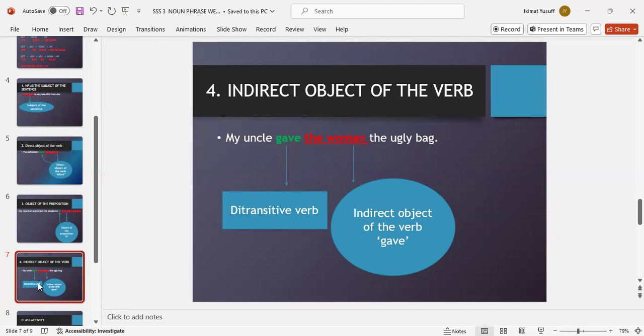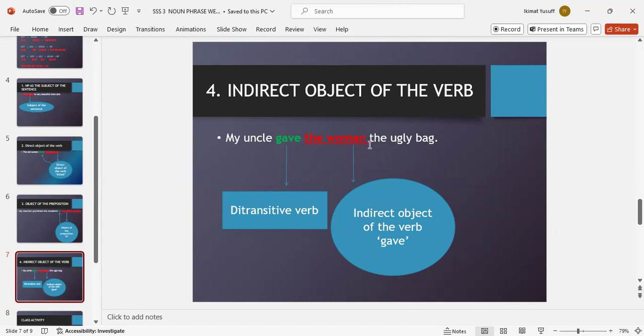An example of a ditransitive verb is gave. You could research more, we have more of them, but the example we have on the screen here is the word gave. And when you look at the example on your screen, you'll find out that gave is able to accommodate two noun phrases without anything separating them. So here we have: my uncle gave the woman the ugly bag.